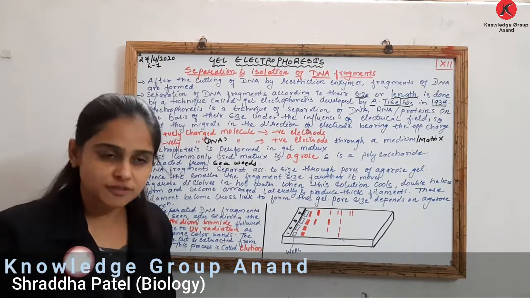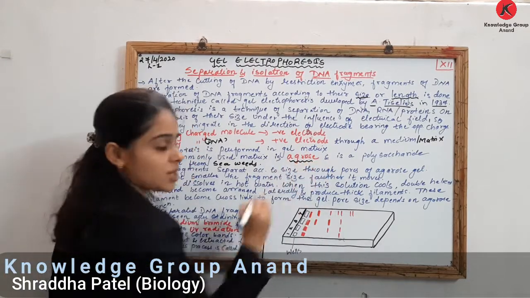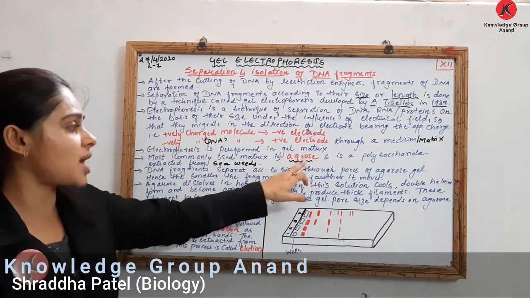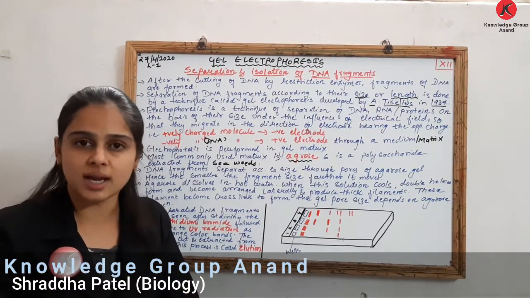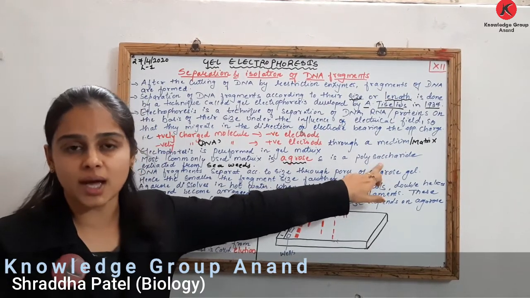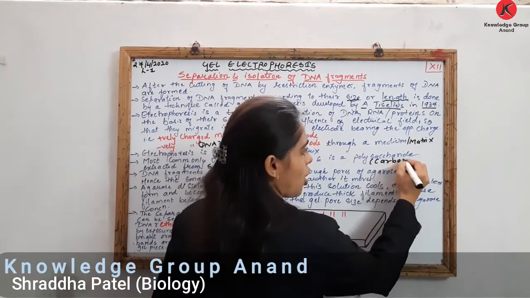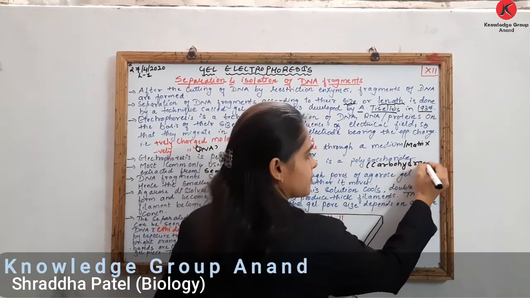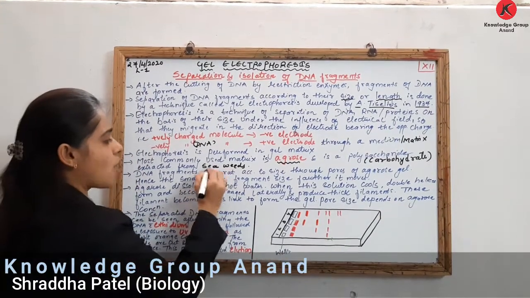Now which gel are we going to use? As a matrix we are going to use agarose gel, which is basically a polysaccharide, that is, a carbohydrate, and it is extracted from seaweeds.